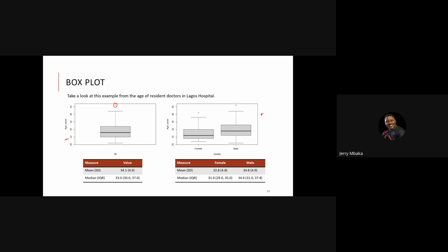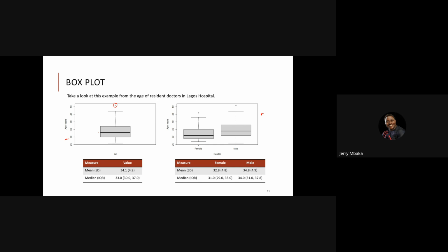The age for male doctors is slightly more evenly distributed than female. So we have most female doctors within the ages of 29 and 35, but we have male doctors between the ages of probably 38 and 30. I can't get the numbers now.